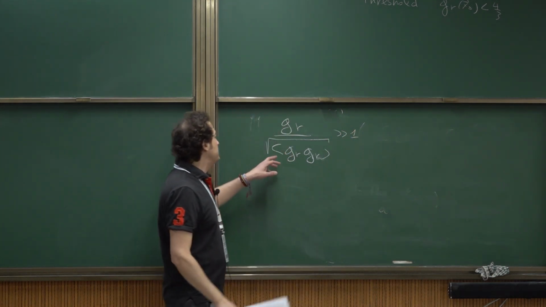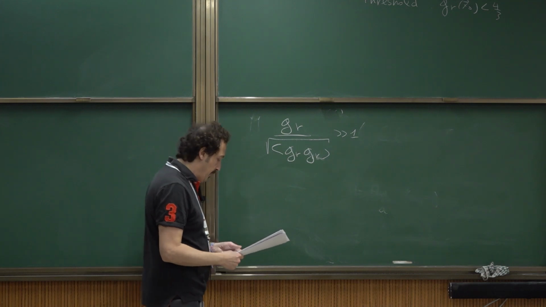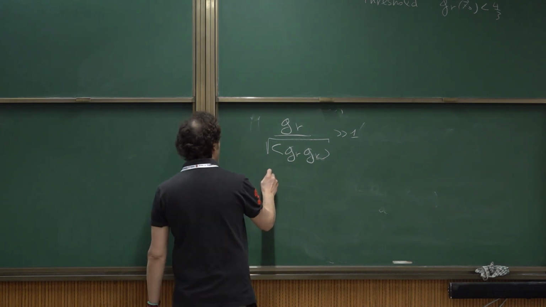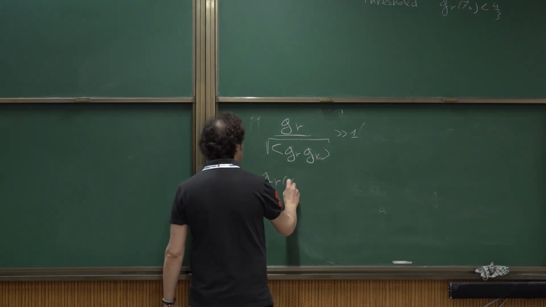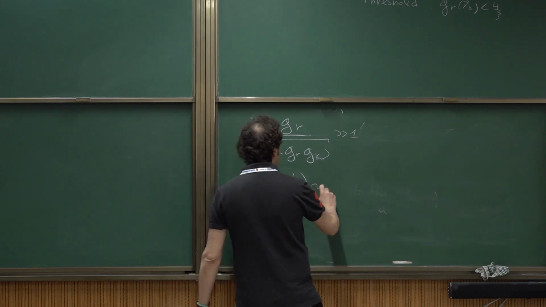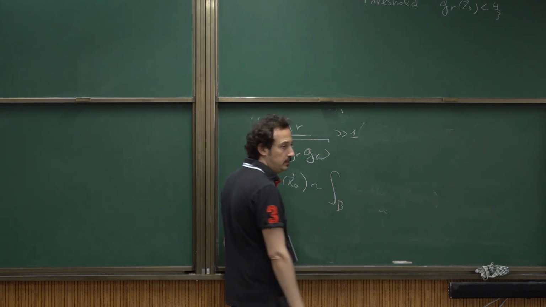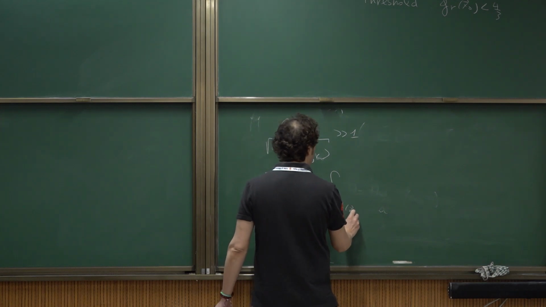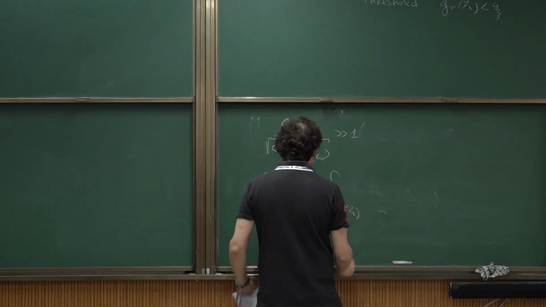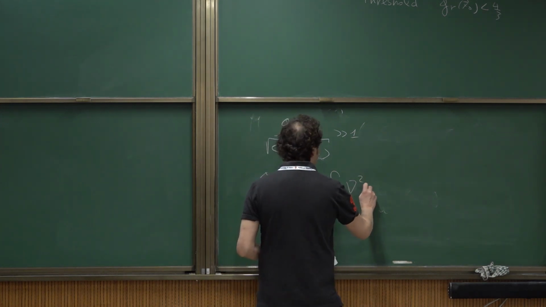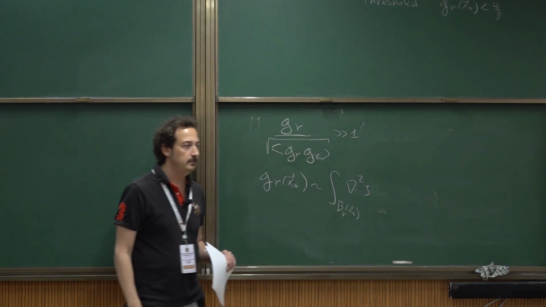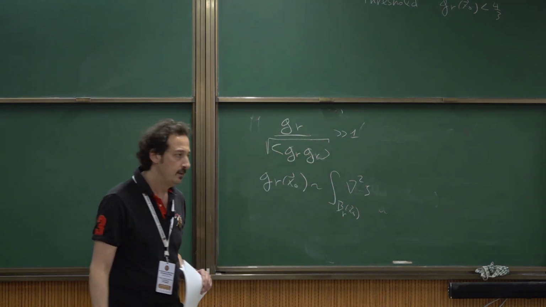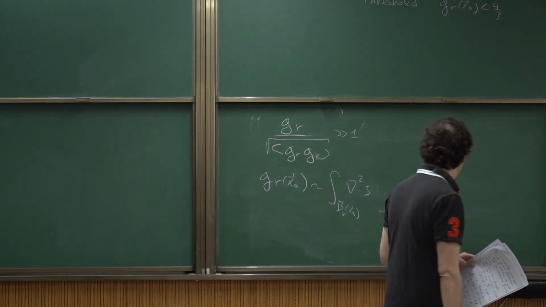What do I mean with this? So what we said, you probably have forgotten by now, is that G_R(x_0) was an integral over a ball centered in a point x_0, and with radius R, of the Laplacian of zeta. Okay, this is how we constructed this G.